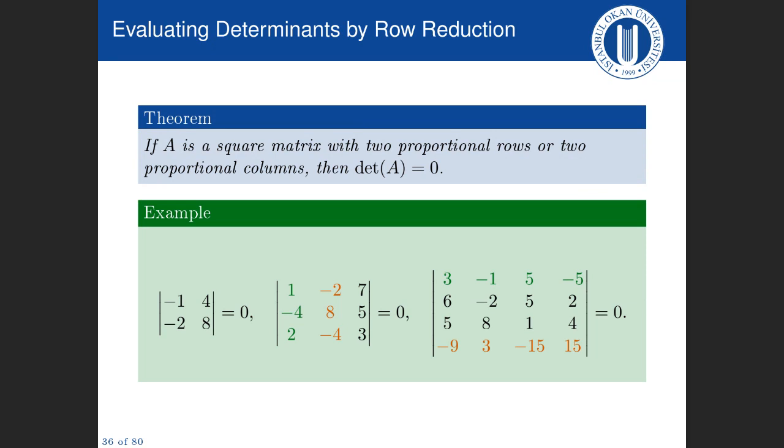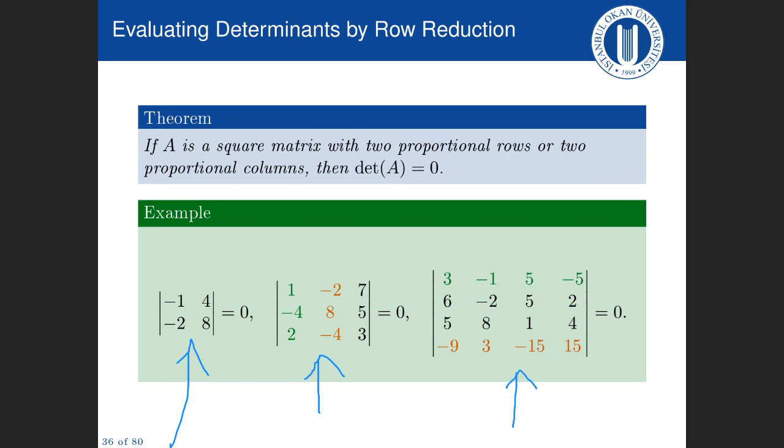For example, look at these 3 matrices. First matrix, row 2 is 2 times row 1. Second matrix, column 2 is -2 multiplied by column 1.